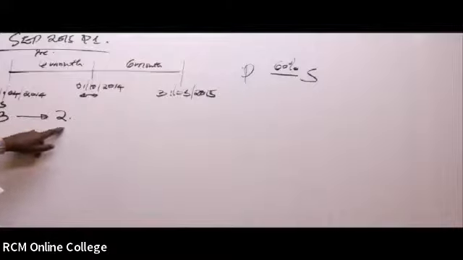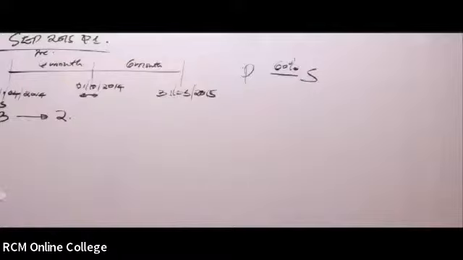P was giving out 2 shares as they get 3 shares. So you need to know how many shares they got from S Limited. When they gave the 2 shares, how many did they actually end up getting?